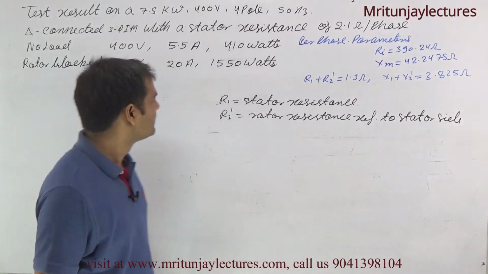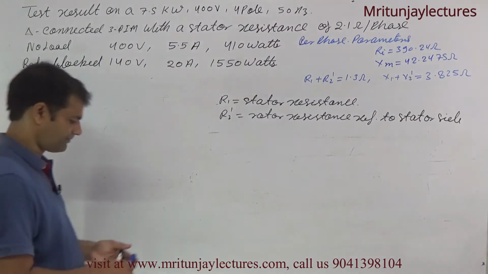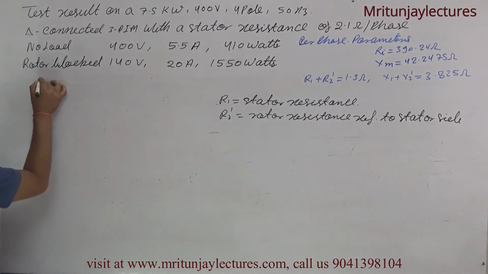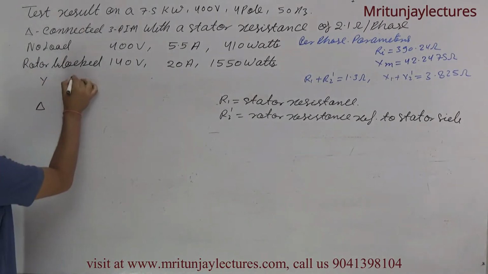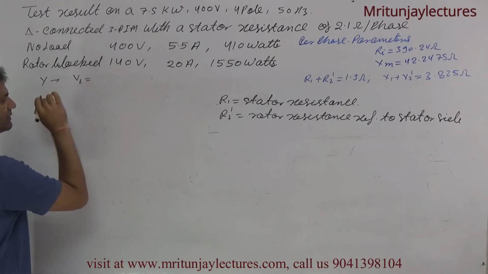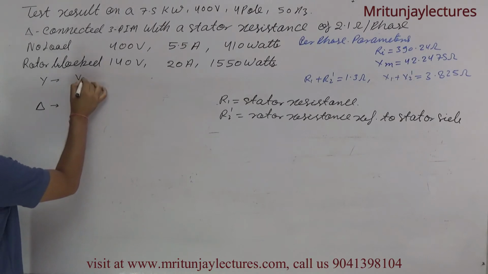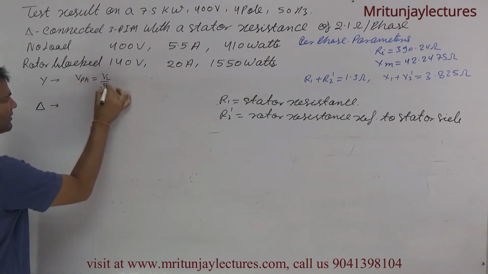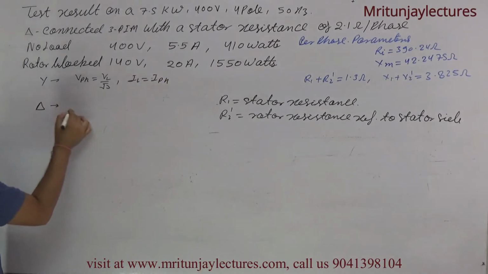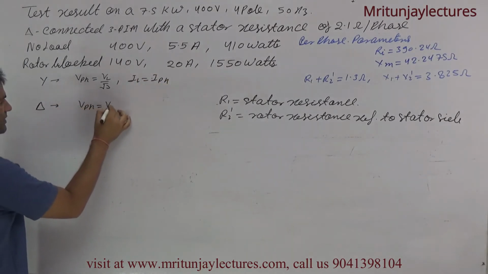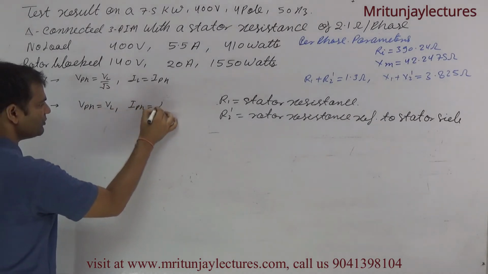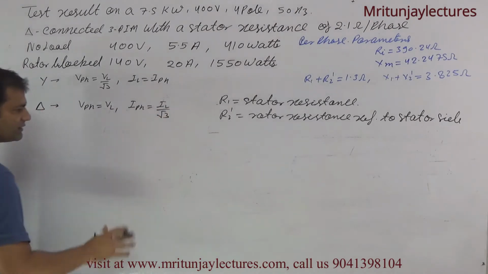Now let's consider star and delta. In star connection, phase voltage is equal to VL by root 3, and line current and phase current are the same. But in case of delta, VPH is equal to VL and IPH is equal to IL by root 3. Is it clear?